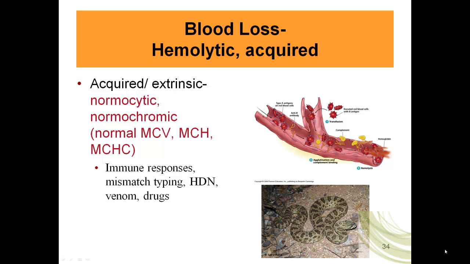We also can consider hemolytic disease of the newborn as a type of hemolysis, and some drugs can also cause hemolysis. So in this case, the red blood cells that are made are normal. Everything about them is normal. It's just that they are being attacked and lysed very, very rapidly.